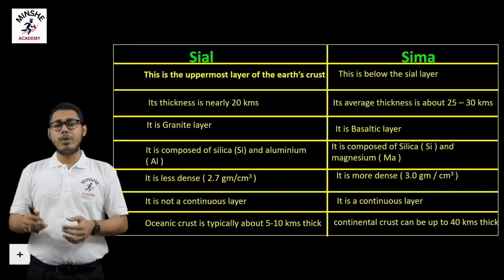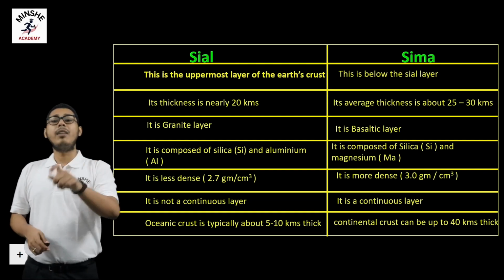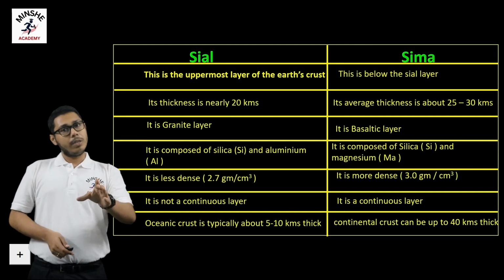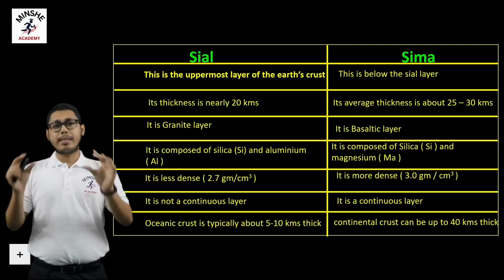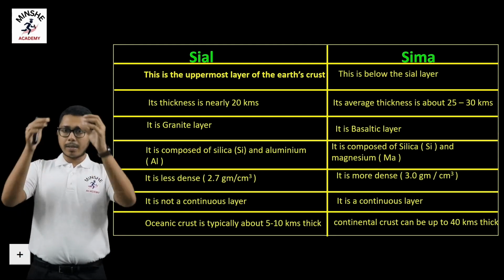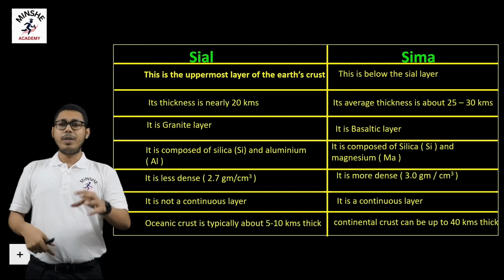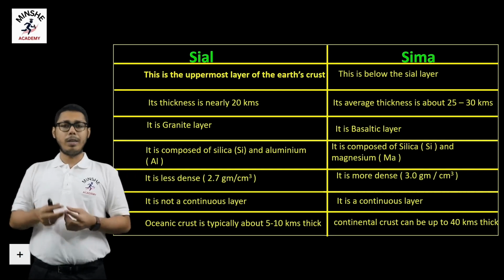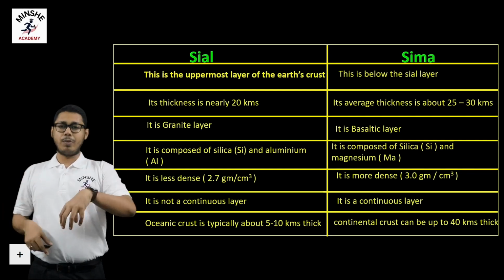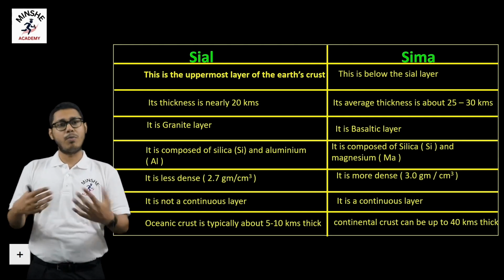So there is a proverb in the geographical community: the Sial floats over Sima. You're getting the idea. Why? Because the Sial is less dense, so it can float over the more dense Sima, right? We have seen icebergs also, where whatever is floating is of less density, and whatever it is floating in is of more density.